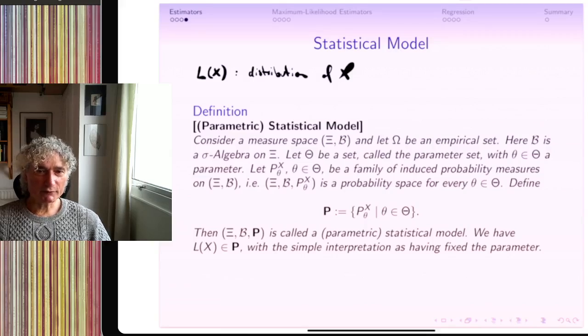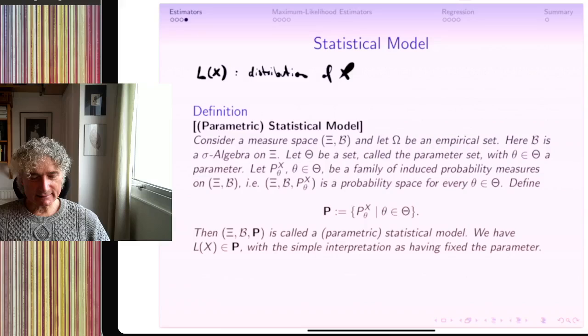Or we want to later say what is the best choice for the distribution L of X given the data. This creates something that is called a statistical model. And here we look at so-called parametric statistical models.